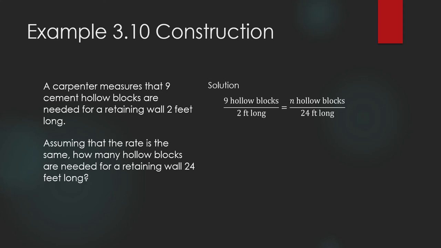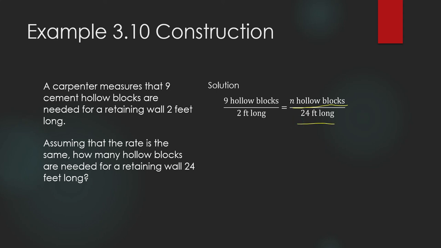Let us set up our proportion. 9 hollow blocks is needed for a retaining wall that is 2 feet long. It's like 9 hollow blocks for every wall that is 2 feet long. That is how you can say it. And since this is one of proportion, how many hollow blocks are needed for a retaining wall that is 24 feet long?